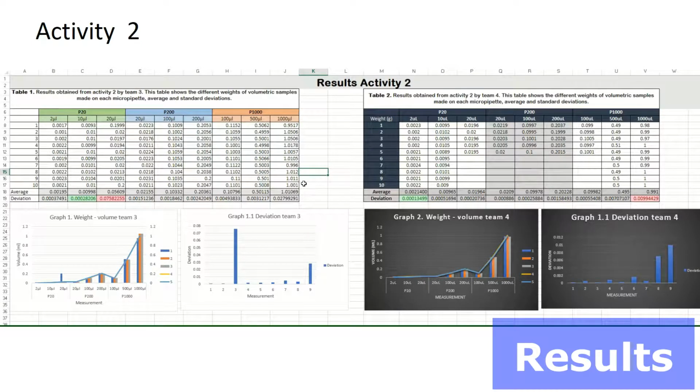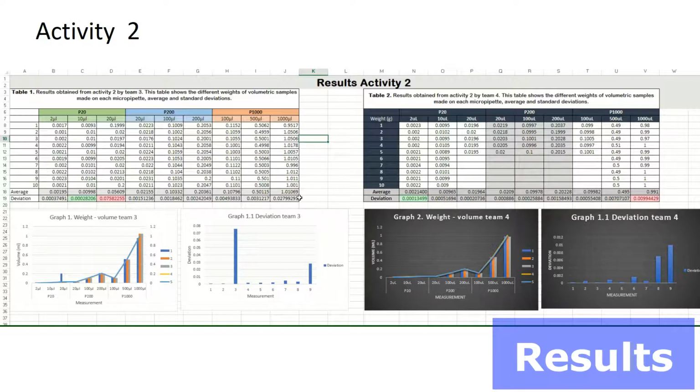So first we reported the weight of each measurement made on the tables respectively from each team, and then to interpret the results we made graphs. The first graph here shows the volume obtained by each measurement using different micropipettes, and here are the volumes that we did in each part.